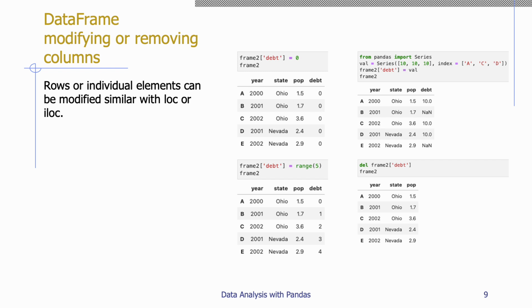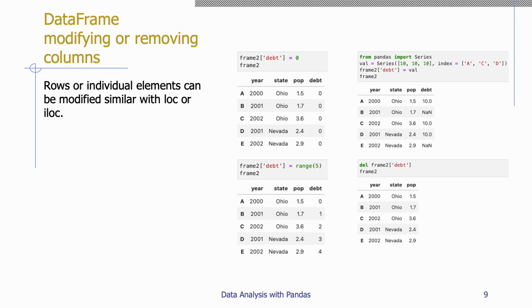Here, besides loc and iloc, individual elements or rows can be modified in some other ways. For example, in the middle, you will see that the debt column of frame2 is assigned 0. So all the rows that belong to that column will be 0. In the second example, we can assign values from 0 to 5 using the arange method.